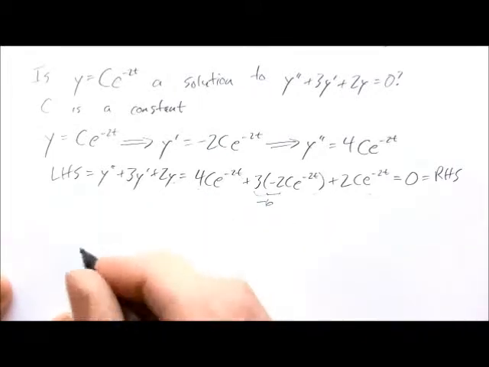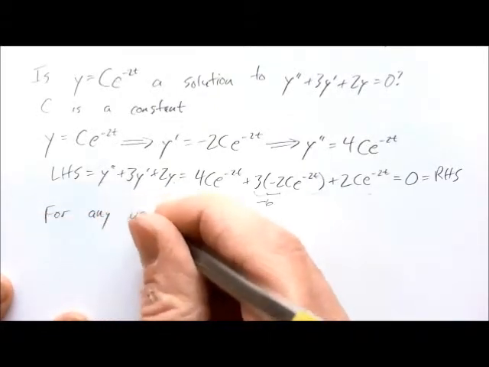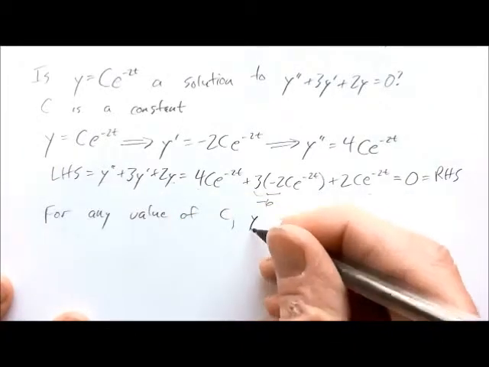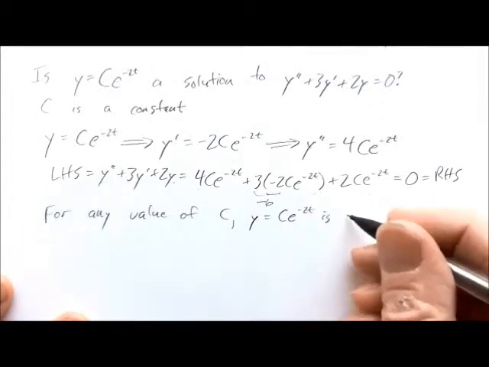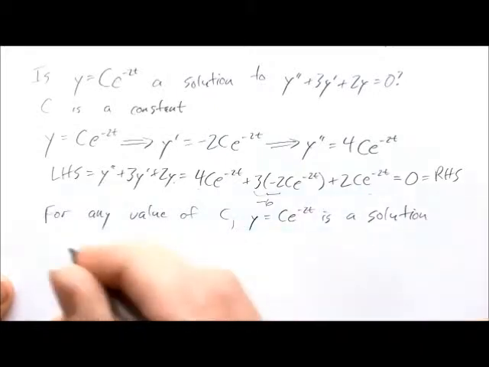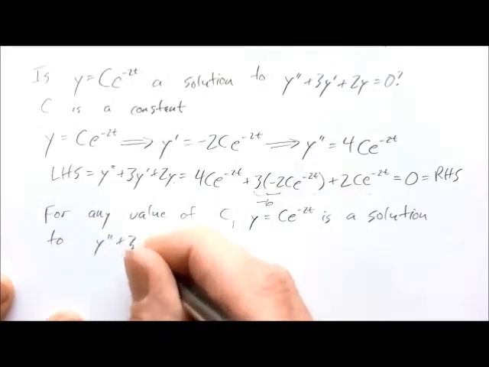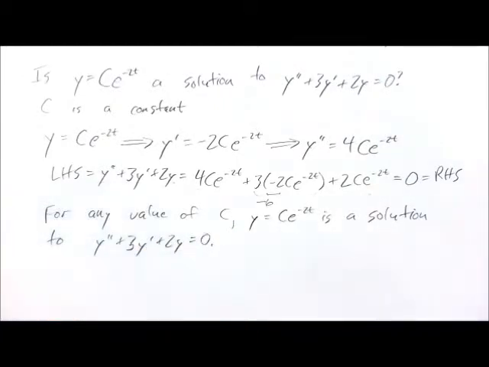So for any value of c, y equals c e to the minus 2t is a solution to the differential equation y double prime plus 3y prime plus 2y equals 0.